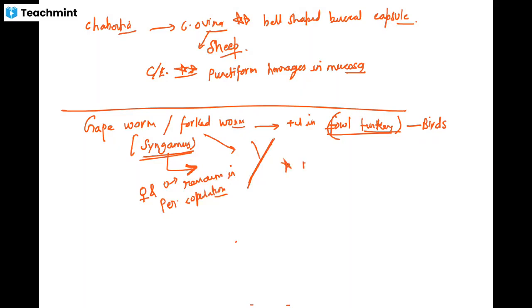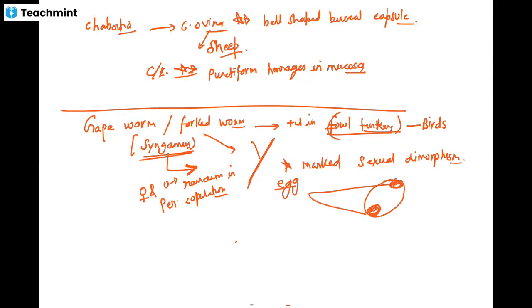In this, there is marked sexual dimorphism. In the case of Syngamus, eggs have an operculum at both poles.